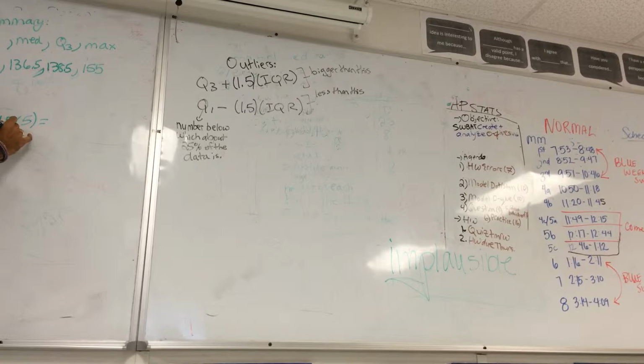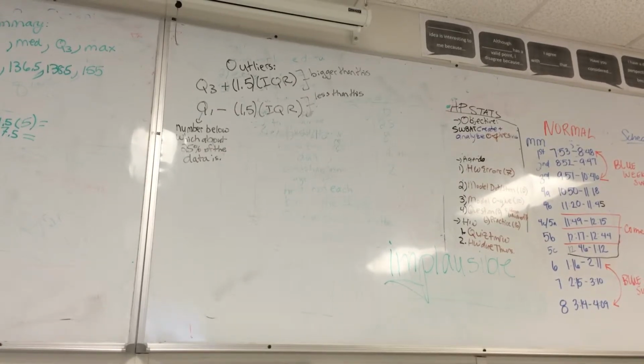Yeah, 7.5. 7.5, very good. 138.5 plus 7.5, Rogelio. Rogelio? Yeah. 146, very good.